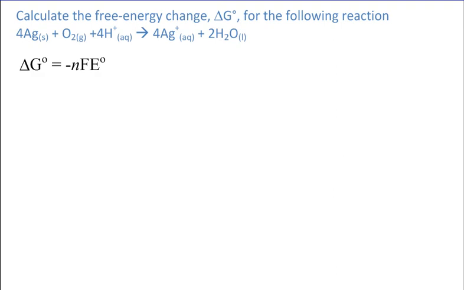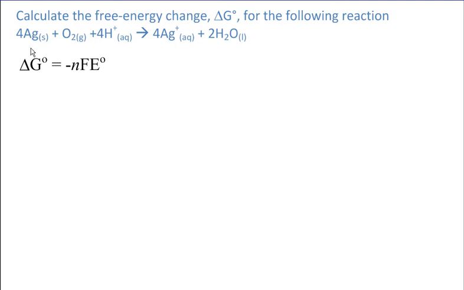So remember, delta G equals the negative number of moles times Faraday's constant times the cell potential. So let's start first by figuring out how many electrons are going to be transferred here. We're going to have to break this into half reactions and make sure we've got nicely balanced half reactions. So let's break this into its oxidation half and reduction half.